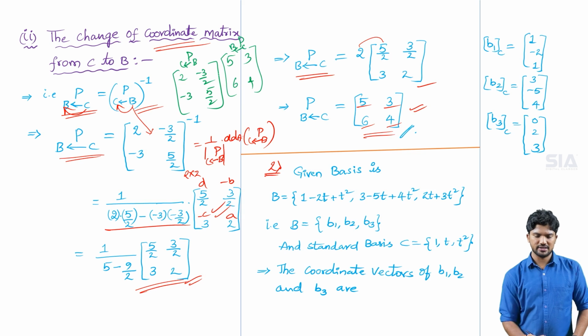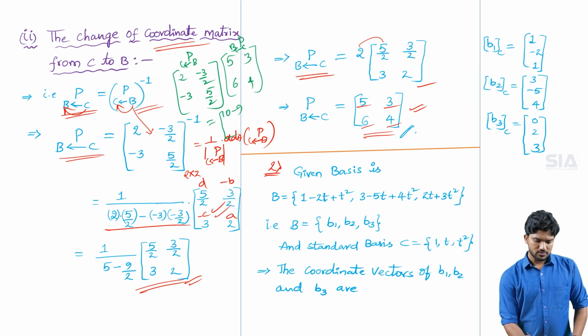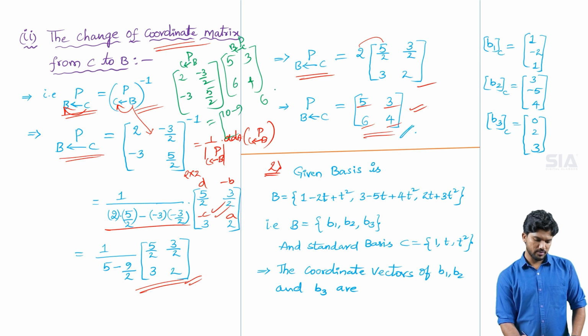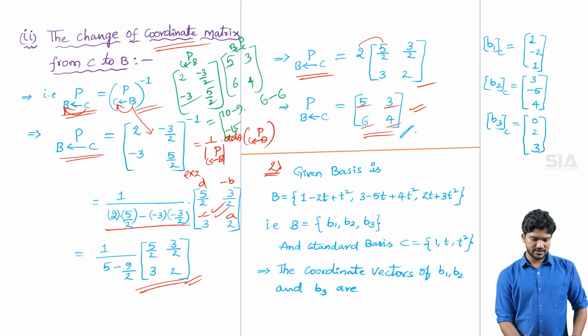Multiply these two. When you multiply, since it is 2×2, 2 fives are 10 and minus 3/2 into 6 gives minus 9. Next, 2 threes are 6 minus 6. Then minus 3 into 5 is minus 15, plus 5/2 into 6 is plus 15.